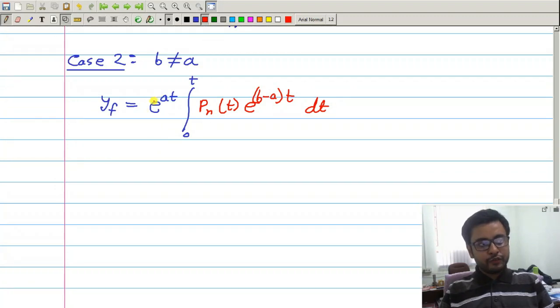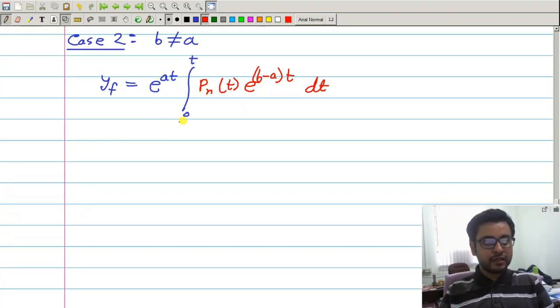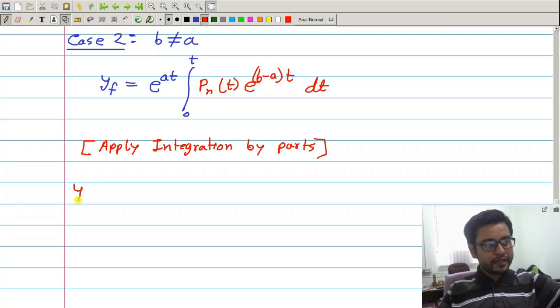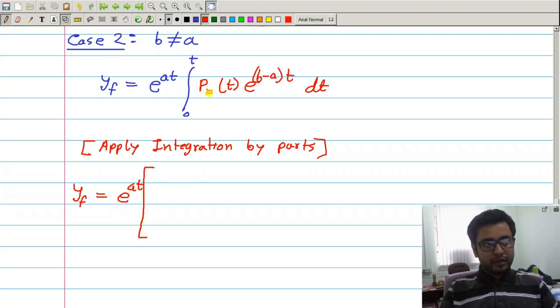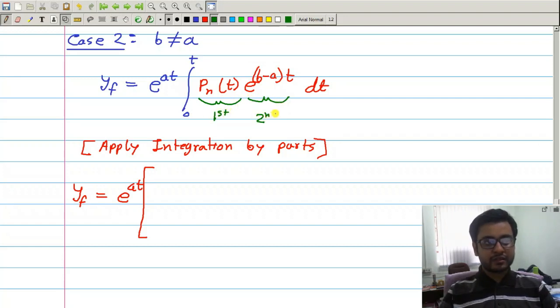Now I shall evaluate this integration by parts. So y_f will become e to the power at, then let me consider this as the first term and this as the second term.